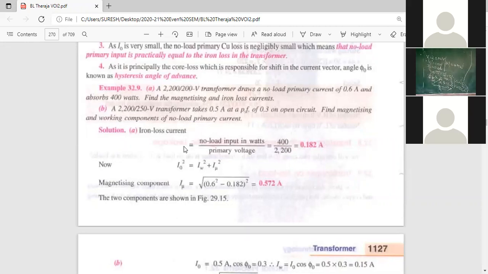In some textbooks, they will write it as W1, in some textbooks as P1. P1 is the power loss, P1 or W1.